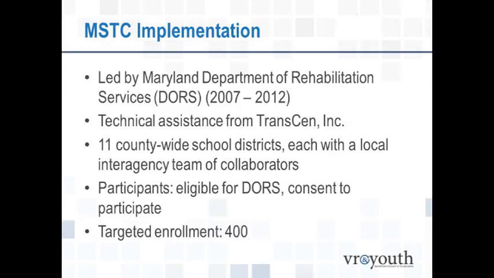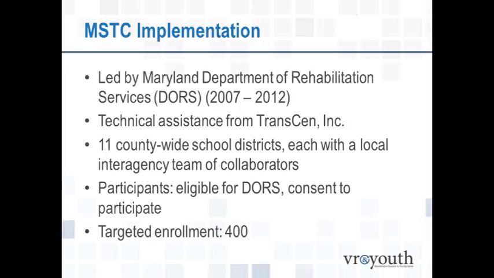The participants who were recruited had to meet basically two criteria. One is that they had to be eligible for Department of Rehabilitation Services, or DORS, and the second thing is, of course, they had to consent to participate.